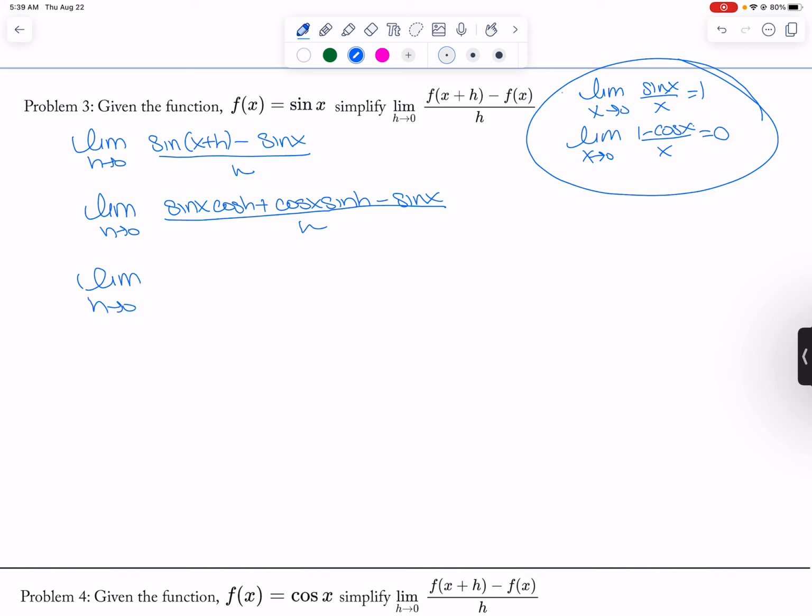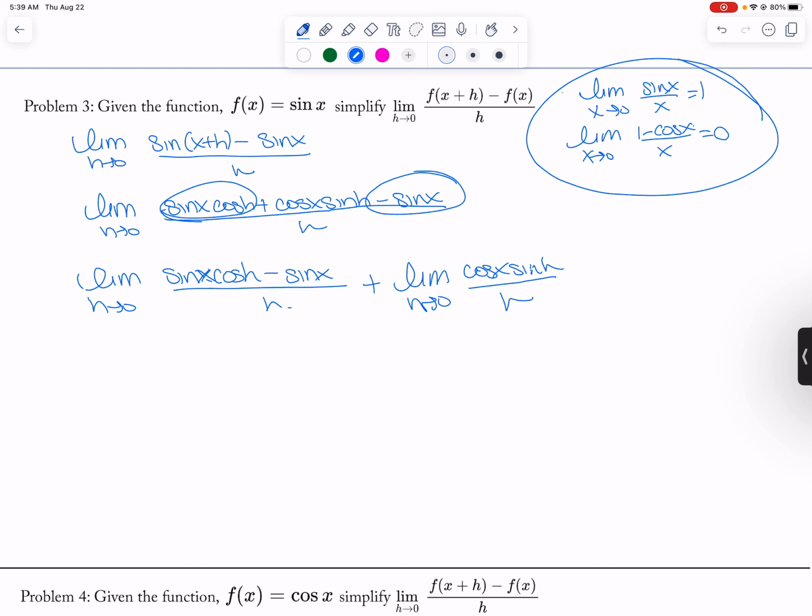So I'm going to group my sine of x's together. So I grouped the 2 terms that have sine, and then plus the limit as h approaches 0, cosine x, sine of h all over h.